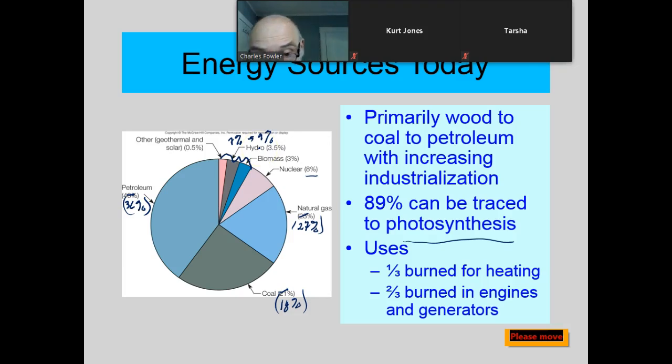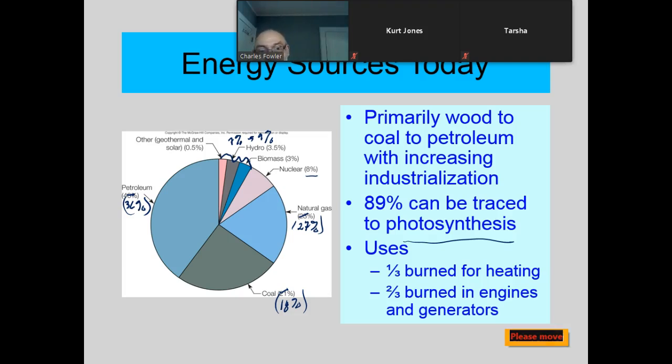All right, what are the uses? At least when the book was done, about 1/3 of it is used for heating. That's heating of homes, heating of businesses, heating of things. Okay? About 2/3 are burned in engines and generators. Engines like car engines, truck engines, boat engines, engines that run factories and things like this, or engines that create the heat from that is used to generate electricity.